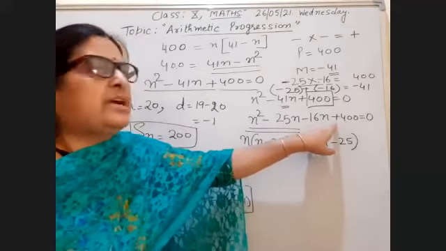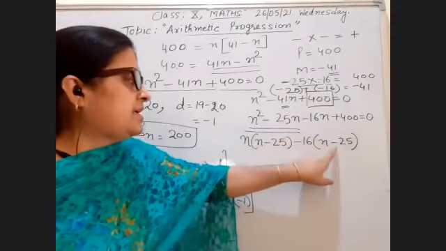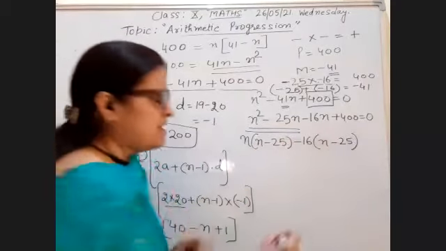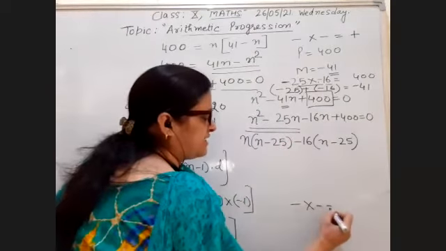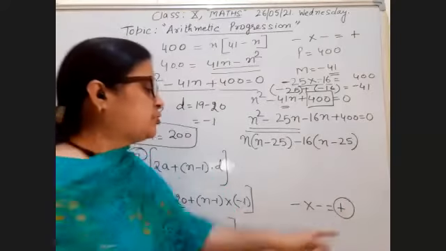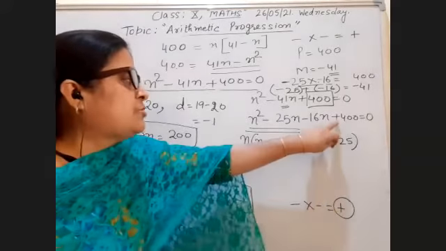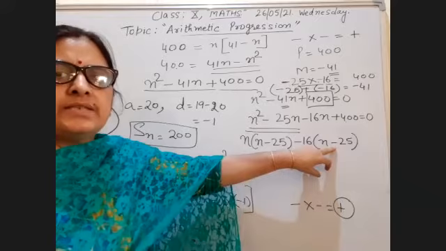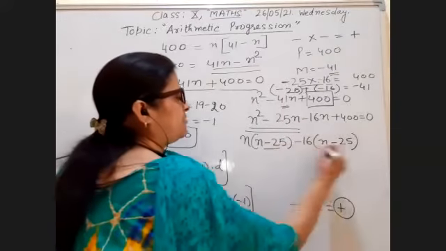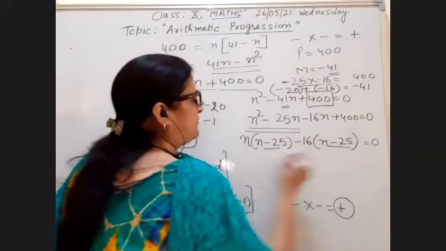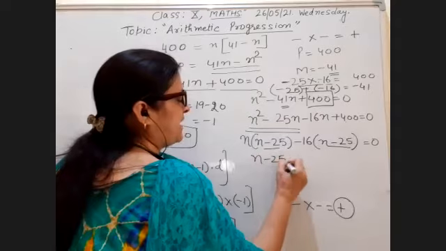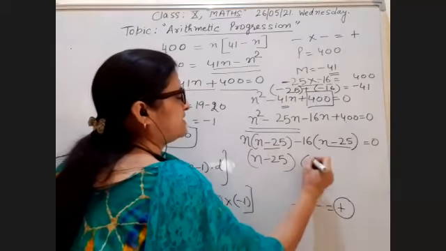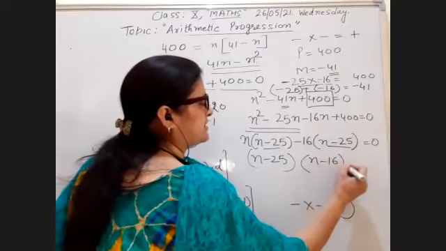When I take out minus from plus, there remains the minus, because when you multiply minus with minus, it is equal to plus, and when I take out minus from here, one negative sign is left. So n minus 25 is the common factor here, and in the bracket here it is left n minus 16.